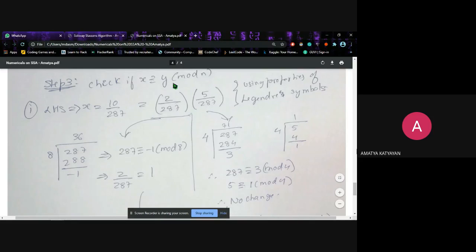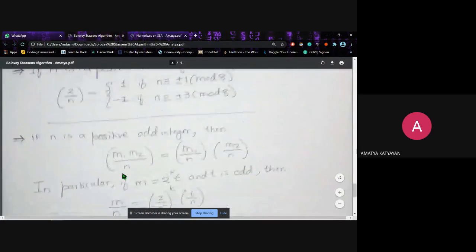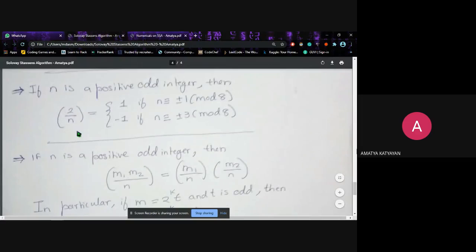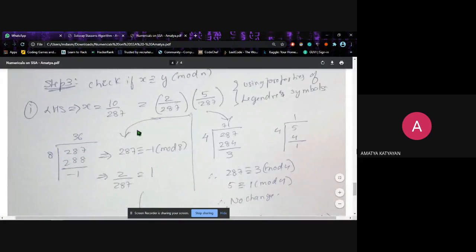Okay. So 2 upon 287 can be solved easily using this 2 upon n methodology, the property that we used before, that is dividing n by 8. So when we divide 287 by 8, we multiply 8 with 36, we get value as 288. Subtracting both, we get remainder as minus 1.